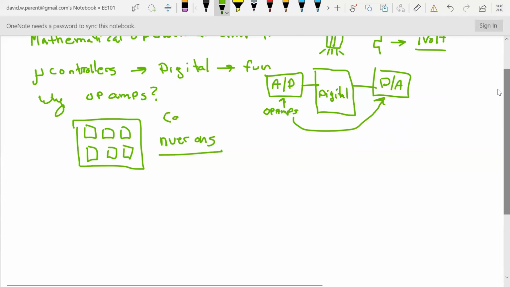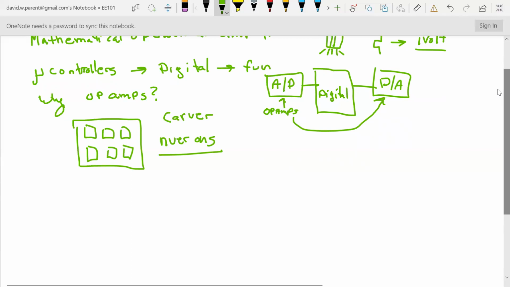There was a guy, Carver, who predicted that we would have to do this: rather than a bunch of digital chips, we would have analog circuitry that acts like a neuron on a chip.